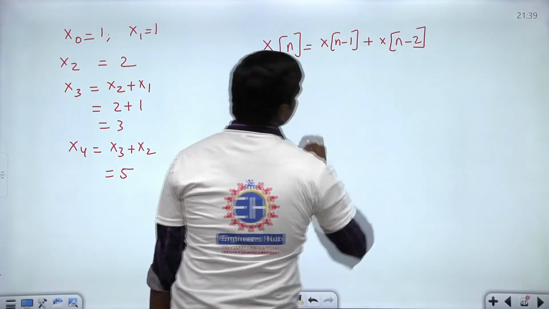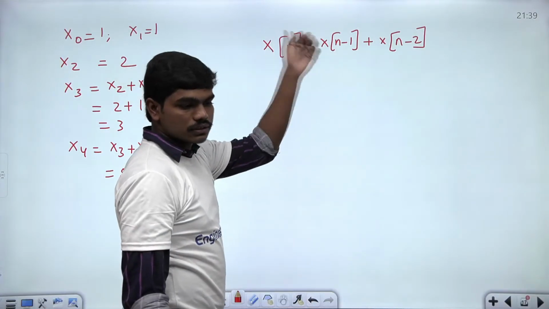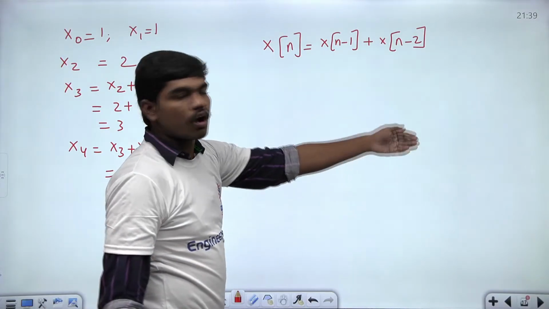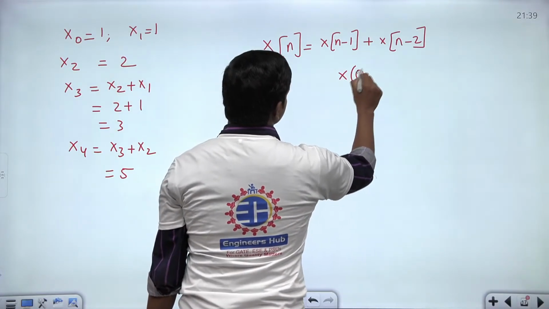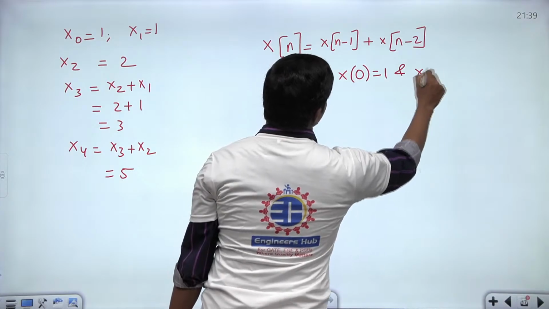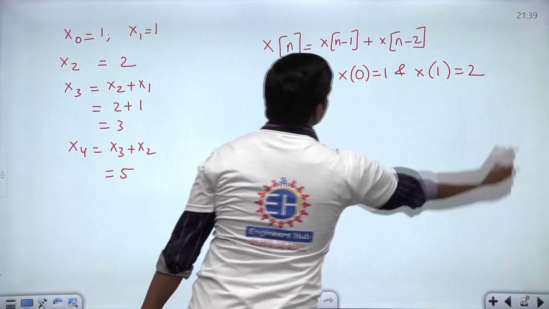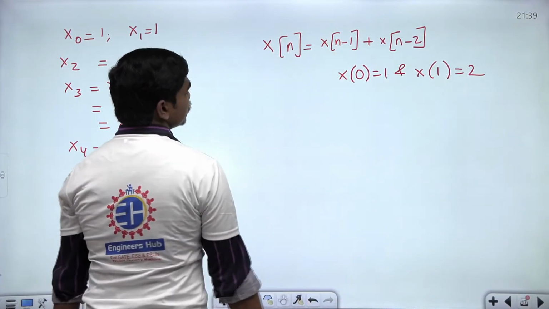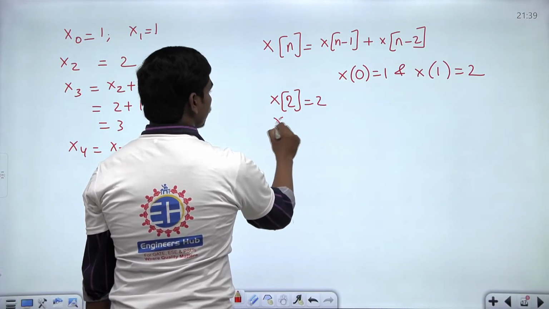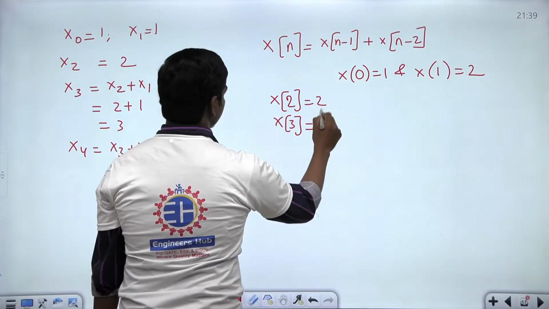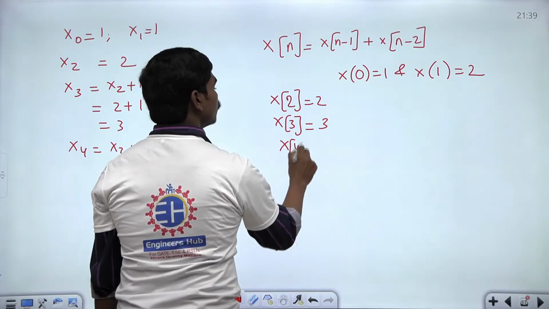And of course you can't have negative terms here, means you can have at maximum the 0th term, but not the minus 1th term, minus 2nd term and all. So they have defined x of 0 is 1 and x of 1 is 1. If you put n is equal to 2 in this series, definitely you will be getting x of 2 is equal to 2, x of 3 is equal to 3, x of 4 is equal to 5 and all.